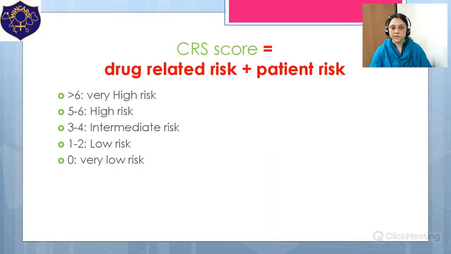The cardiotoxicity risk score is considered to be a combination of both the drug-related risk plus the patient risk. More than 6 indicates a very high risk, 5 to 6 high risk, 3 to 4 intermediate risk, and 1 to 2 low risk, and 0 very low risk for cardiovascular disease at a later stage.